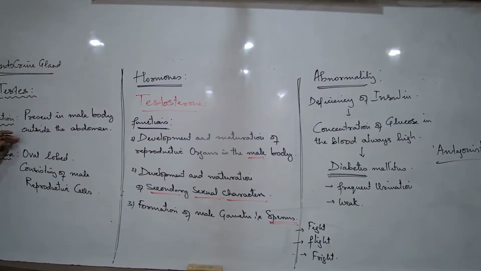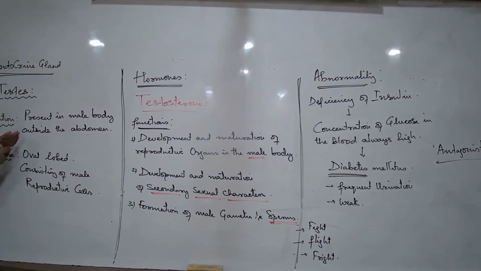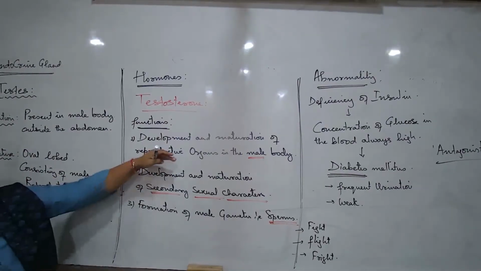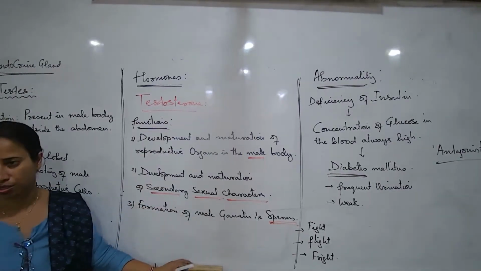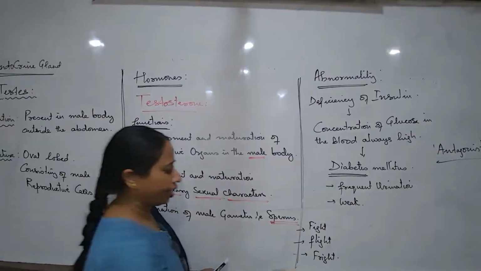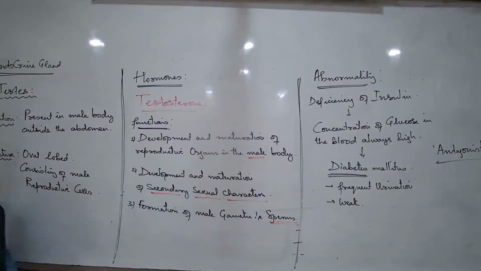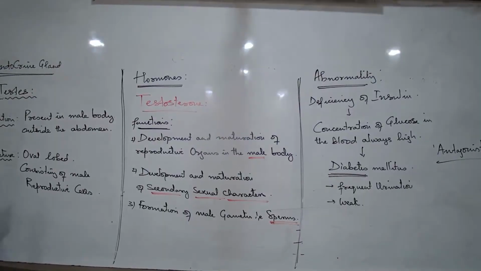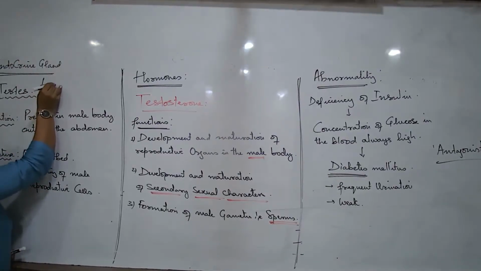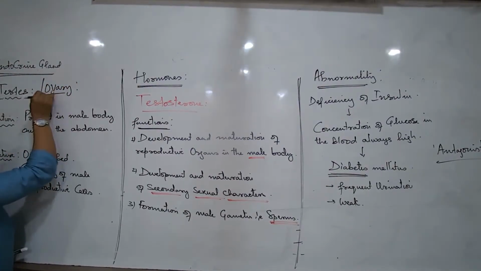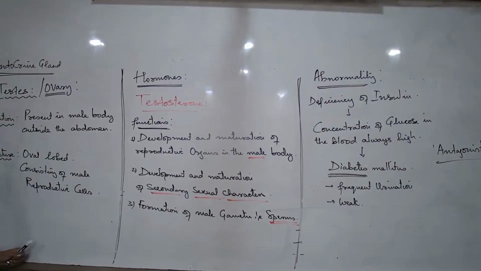So what did we talk about? The testes, the male reproductive organ, its location, majorly to understand, and 3 major functions. Now the contrast is, I talk about the ovary. Check where the changes are.